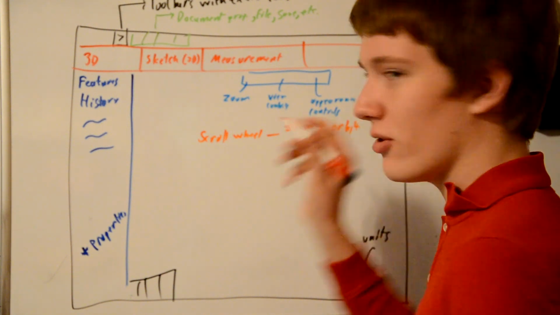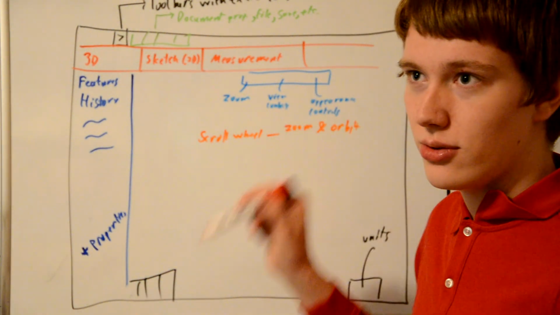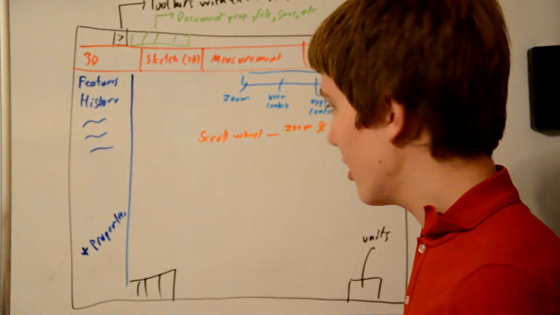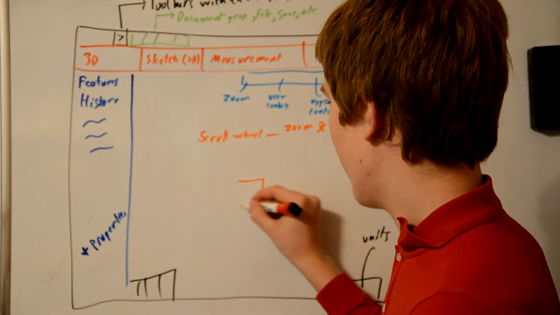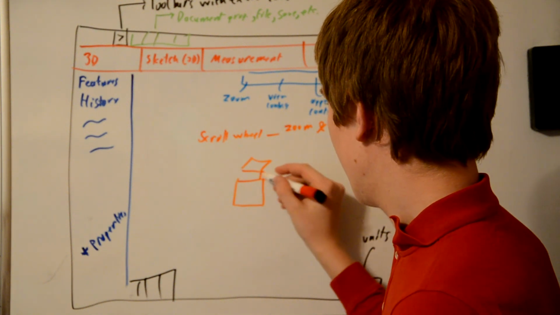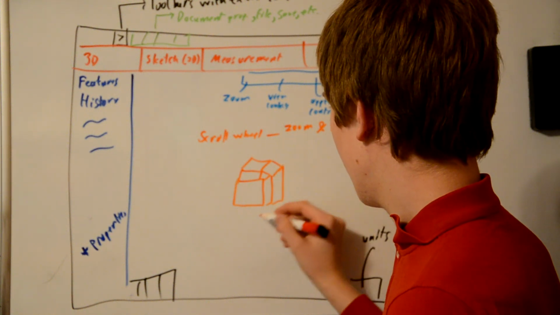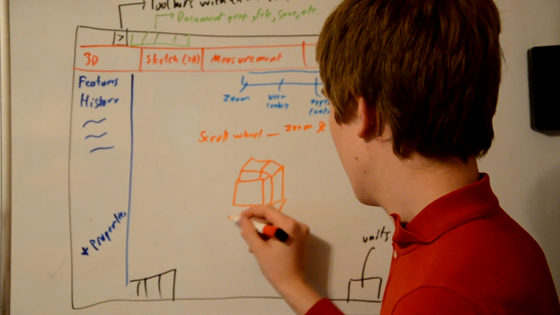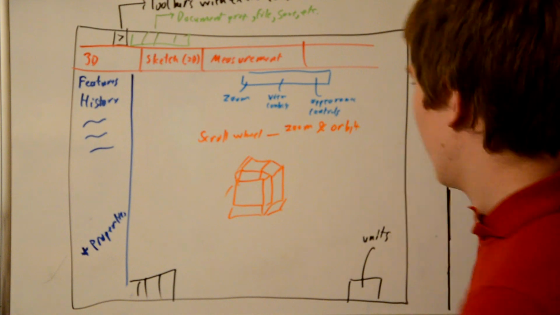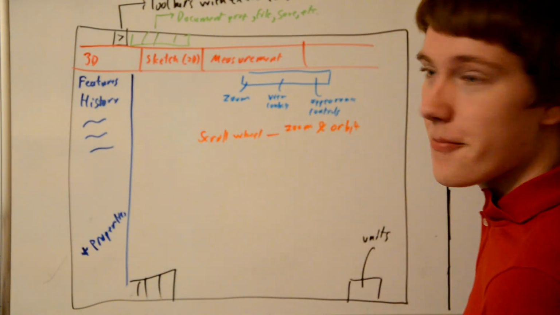So orbit is where you rotate around, and as a quick refresher, you can also use the space bar to zoom out and give you a set of different view options that you can choose from around a geometric object. So that's what the space bar does.